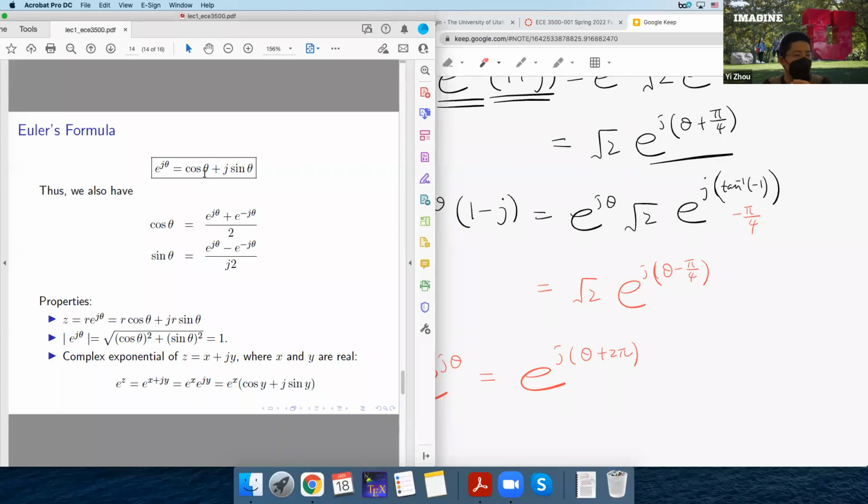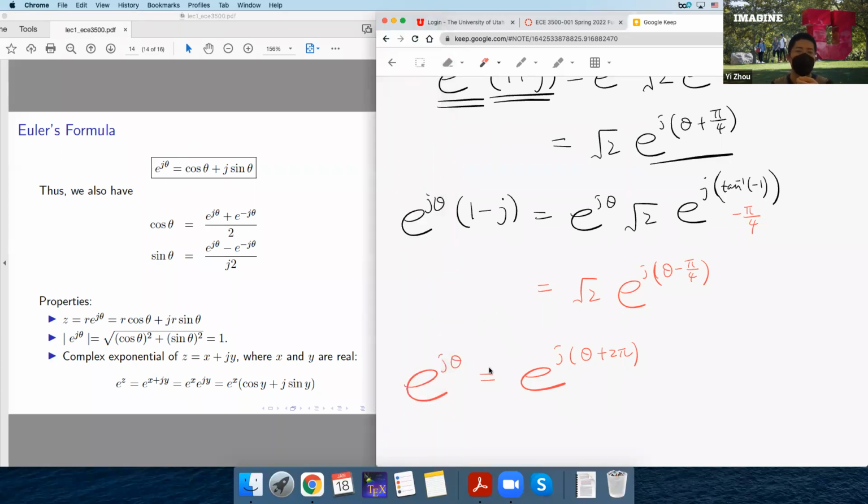We know that both cosine and sine have period 2 pi. So when you sum them up, this complex exponential also has a period 2 pi. So if you apply this property, you can add a 2 pi inside, so that becomes theta. 2 pi is 8/4 pi. So that is 7/4 pi. So they are equivalent actually.